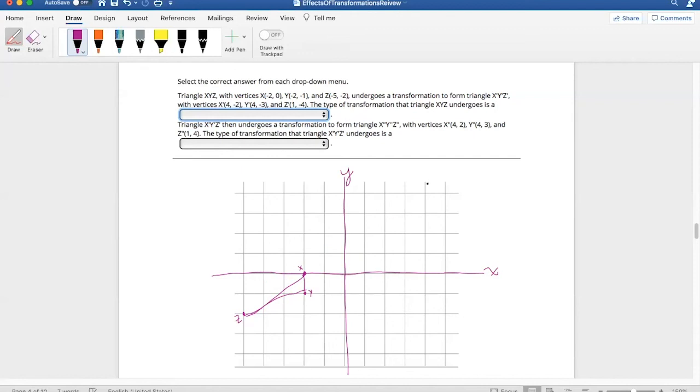And then our next one says the prime ends up at these locations. So for X prime, we are over here at 4, -2. That would be our X prime. Y is at 4, -3.